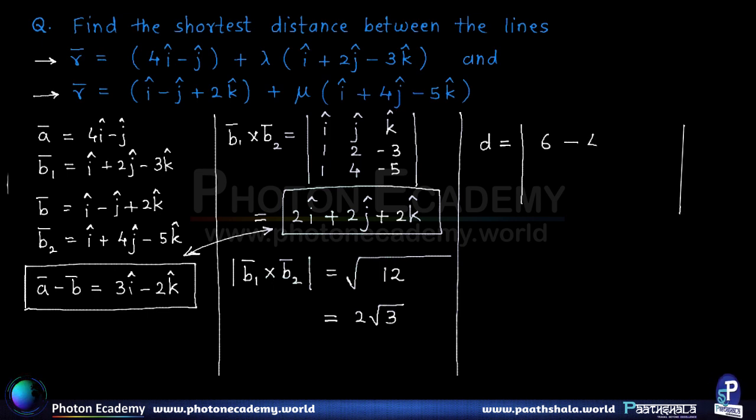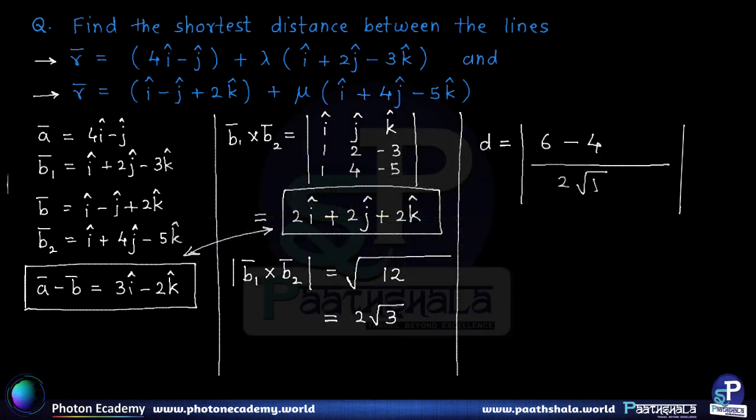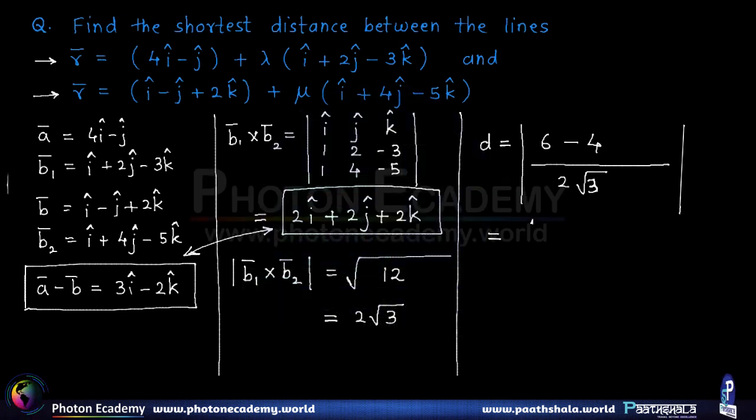That is 6 minus 4, whole divided by the magnitude of b1 cross b2, which we just found to be equal to 2 root 3. So therefore in the numerator we have 2, and 2 divided by 2 root 3, so the 2 will get cancelled and we will get the final answer as 1 upon root 3. So that's the shortest distance between two given skew lines.